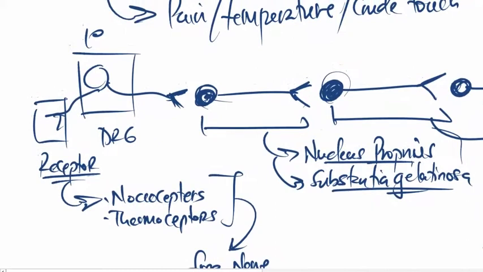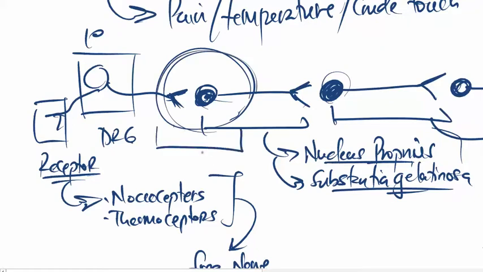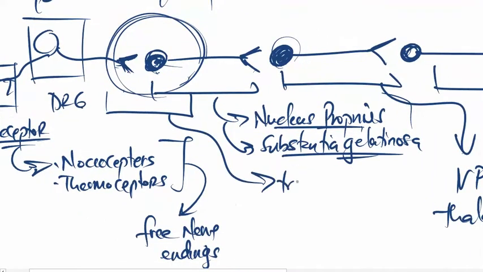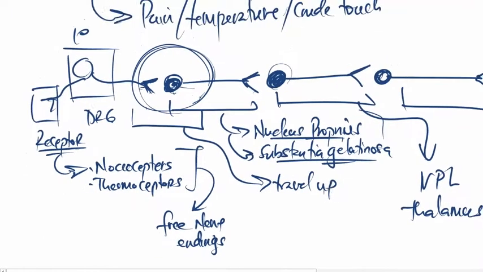Okay, so what we said is that from the dorsal root ganglion, instead of this axon synapsing on the same level as this nucleus proprius or this substantia gelatinosa, it could actually travel up 1 or 2 levels.